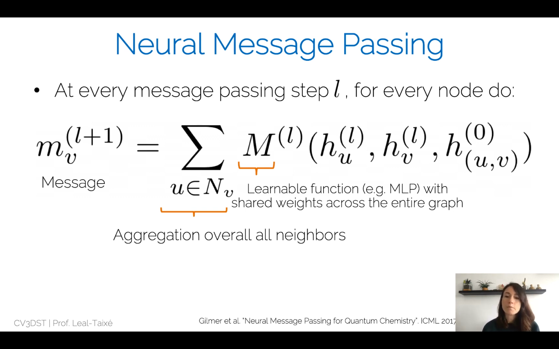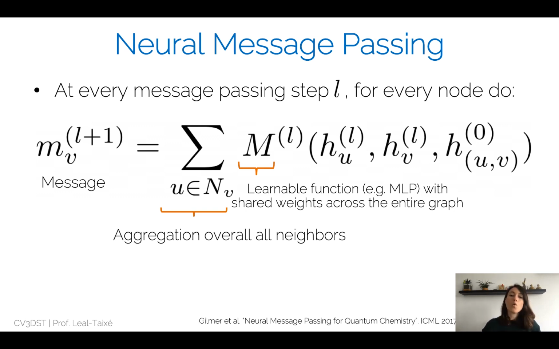So I'm going to process these embeddings, and then of course I have to do the aggregation step. So I have to collect all of this information into one single message. And for this I have to do an operation which is permutation invariant and which can work with any number of nodes which are neighbors to my node V. And what I do in this case is I just do a summation.